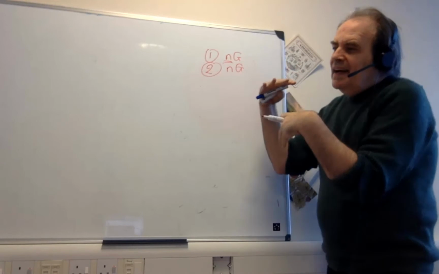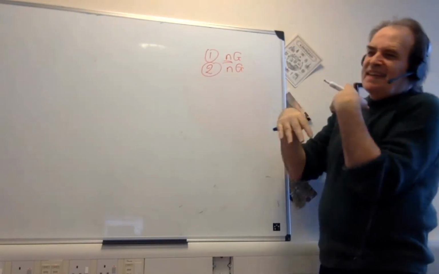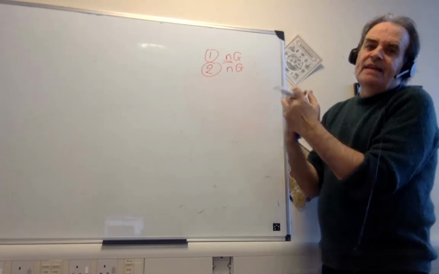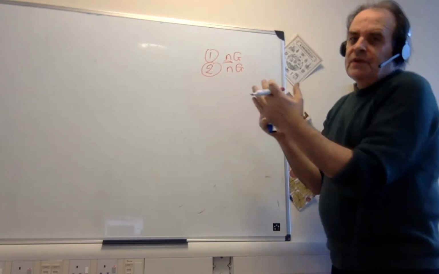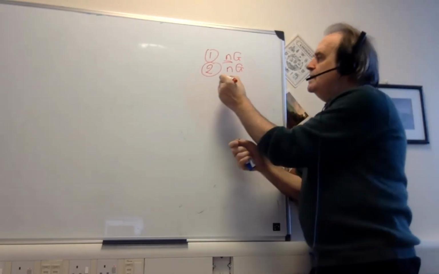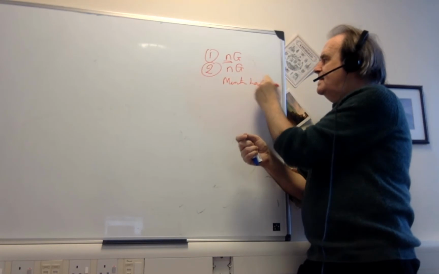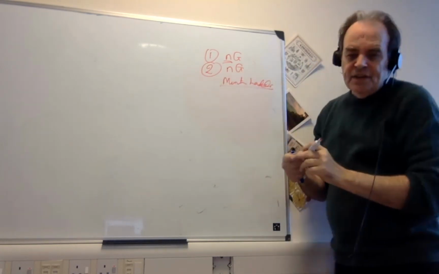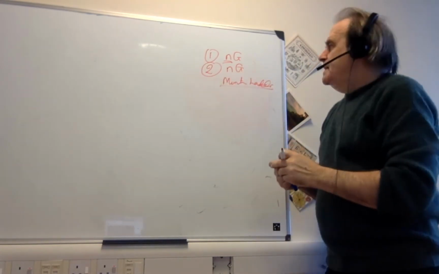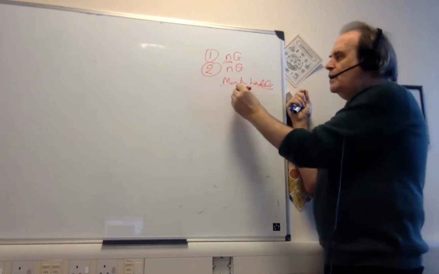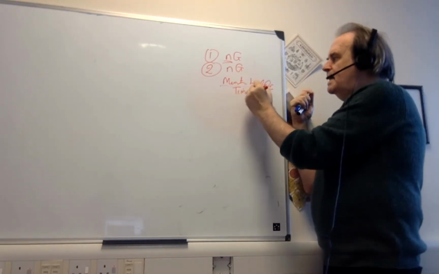It would take an almost infinite amount of time to compute that value. So what we do is use the Montgomery ladder method to do this, and this is a constant-time method.